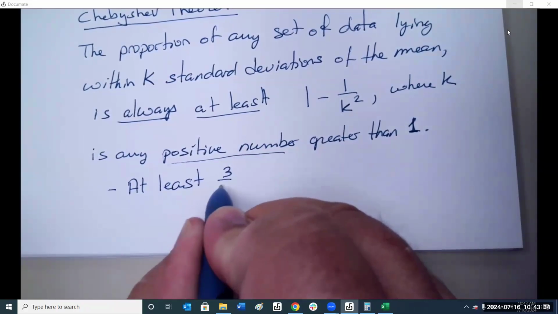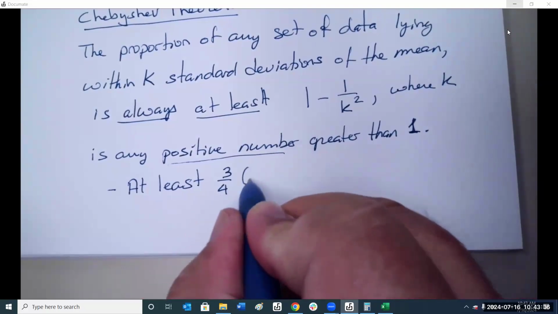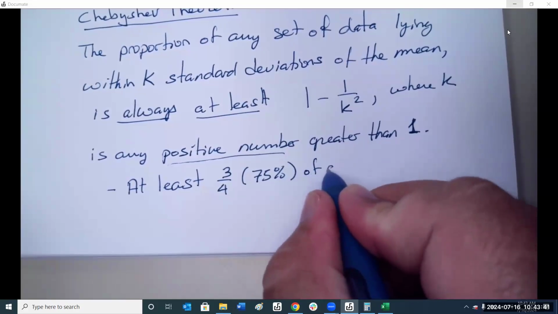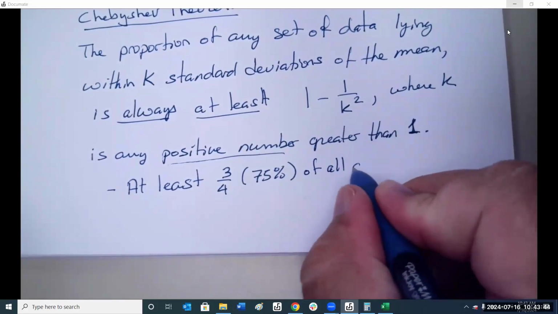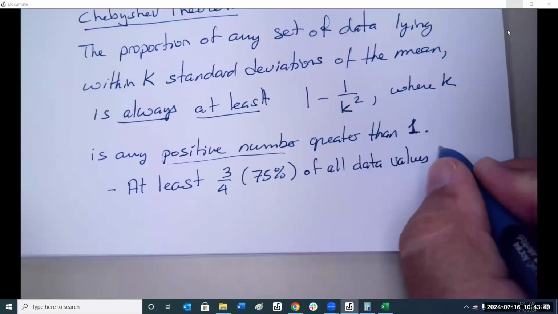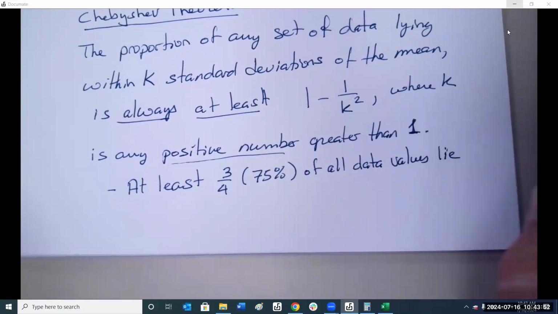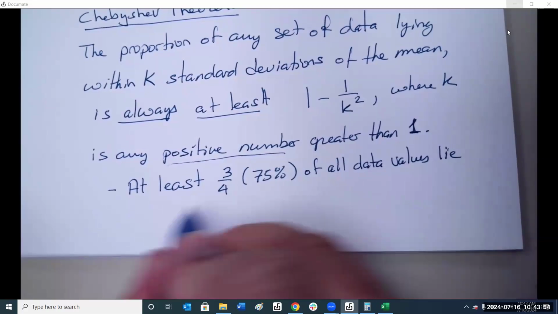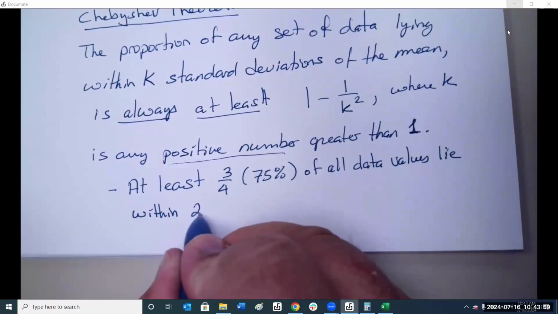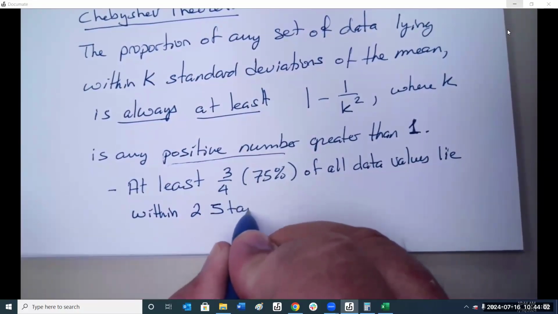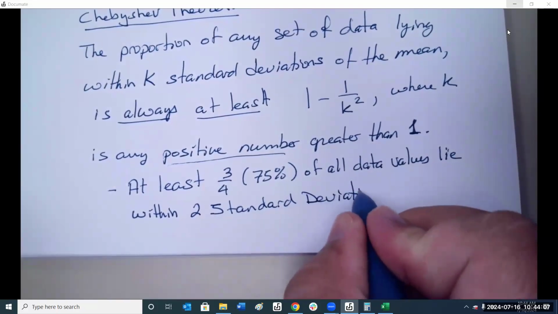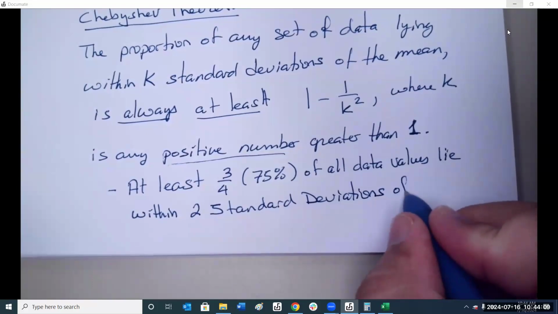At least 3/4, which is 75% of all data values, lie within two standard deviations of the mean.